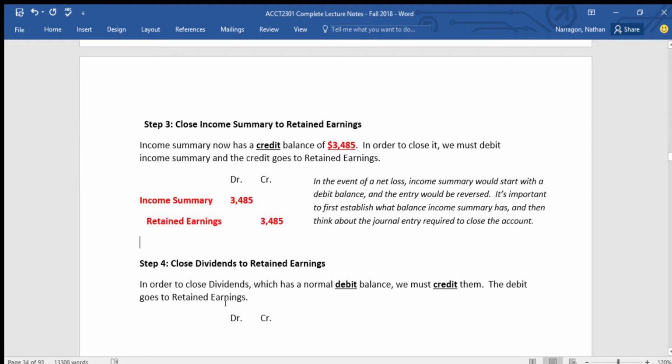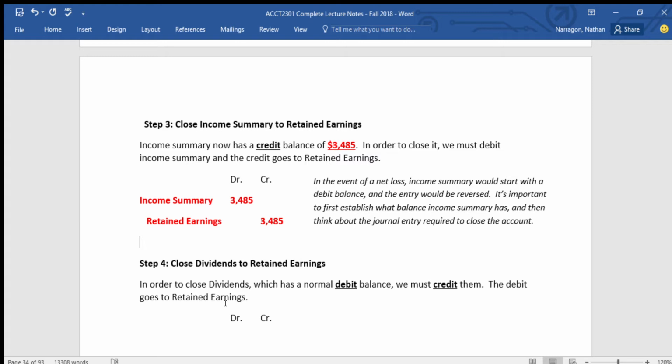So our last step of closing is we have to close out the dividends. Now, if you remember your statement of retained earnings, this is actually what's being done. Remember we take the beginning retained earnings balance, add in net income, which is technically our income summary that is being added in because retained earnings is a natural credit account.